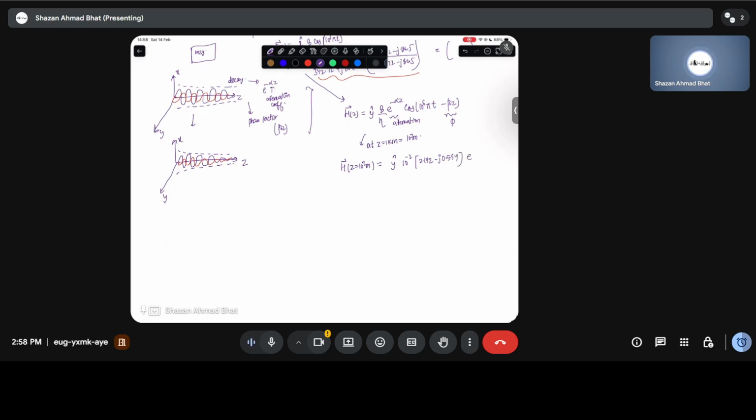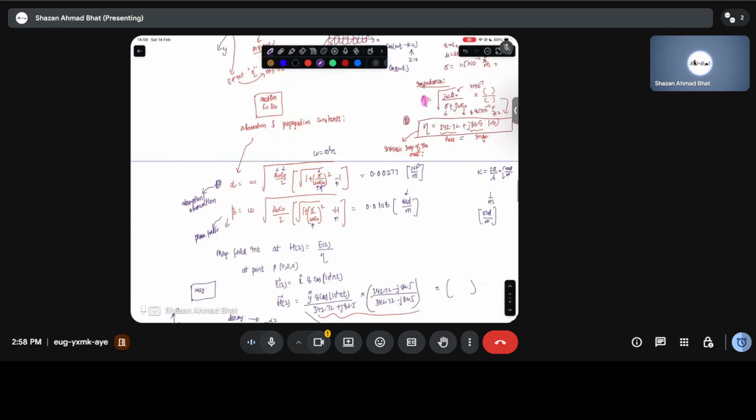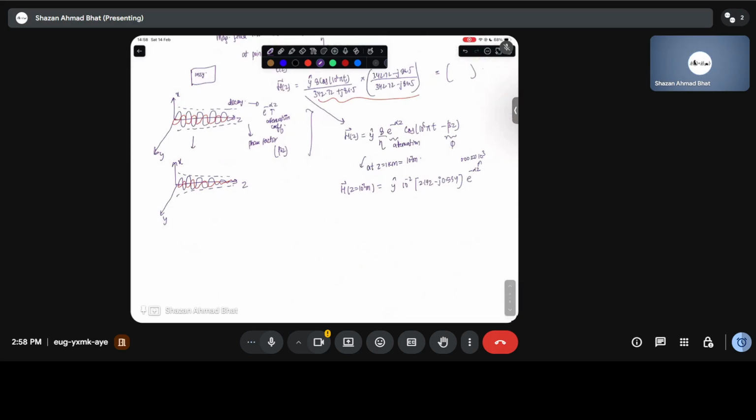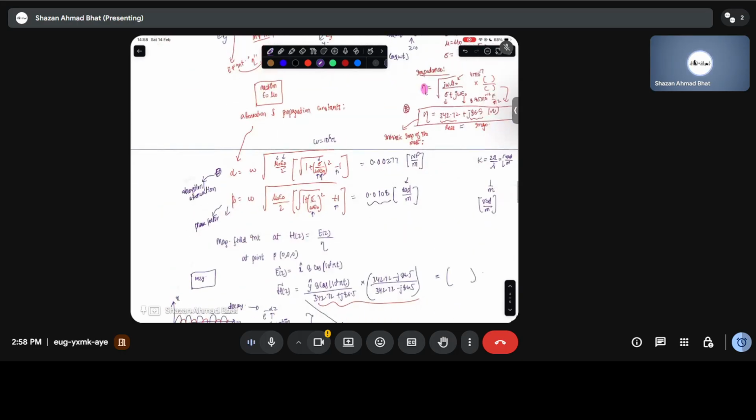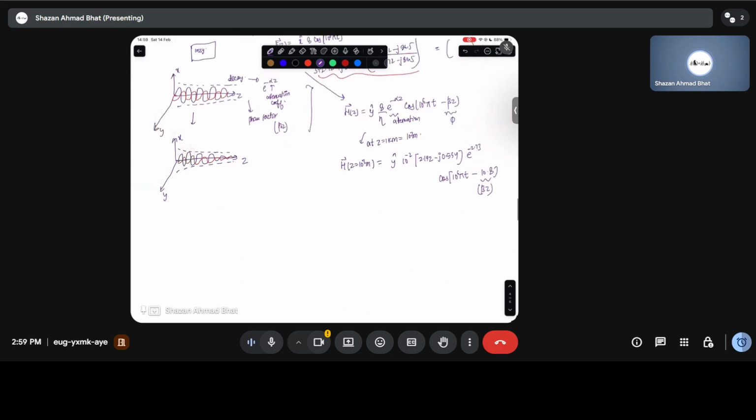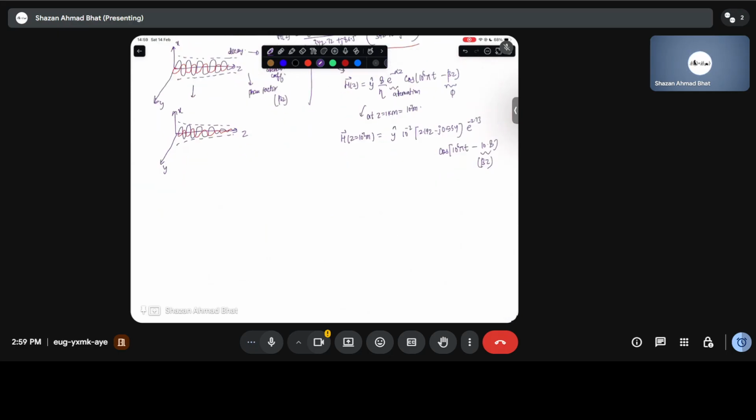You will be having e to the power minus alpha z, but alpha is given, and z is 10 to the power 3. How much is alpha? Alpha was 0.00277. When you multiply both of these, you get minus 2.73. Then there is cos of 10 to the power 6 pi t minus 10.8, which is basically beta times z. So how much was beta? This is 0.00108. So multiplied with 10 to the power 3, you're going to get 10.8 ampere per meter.